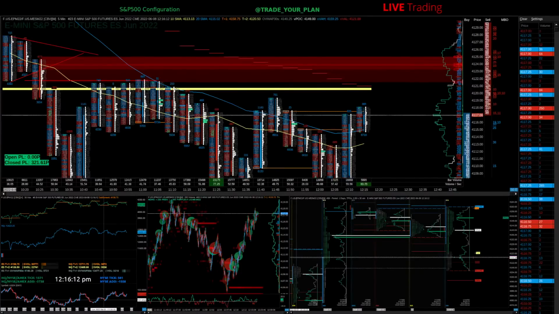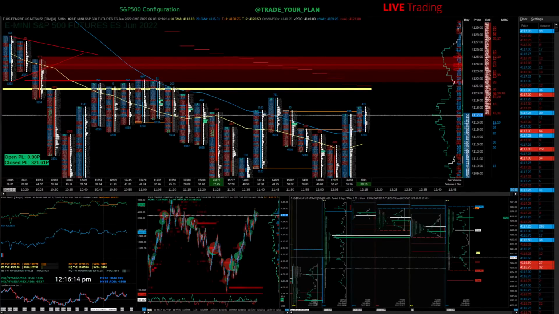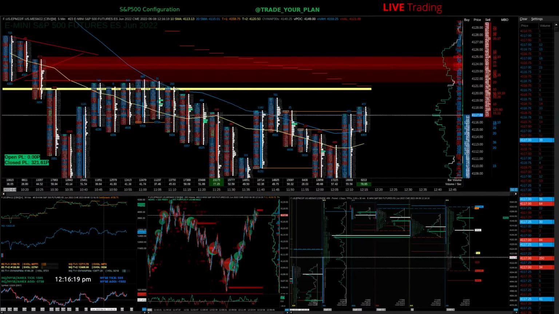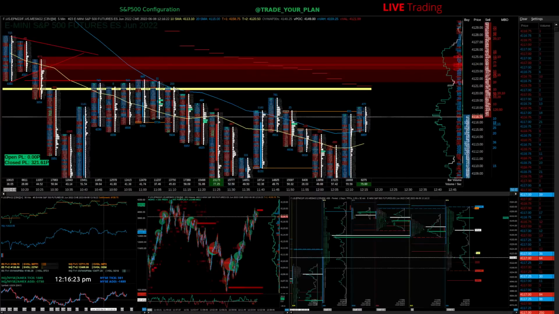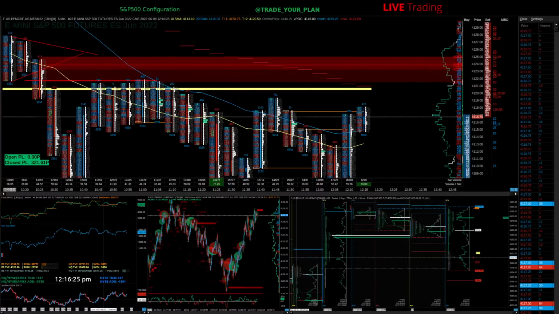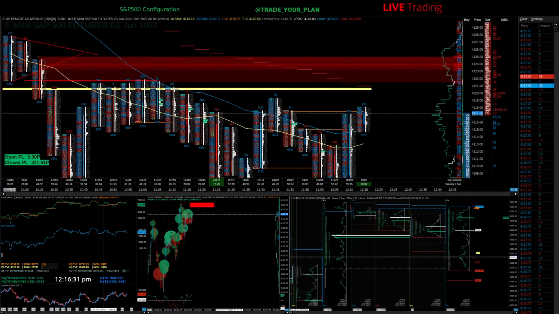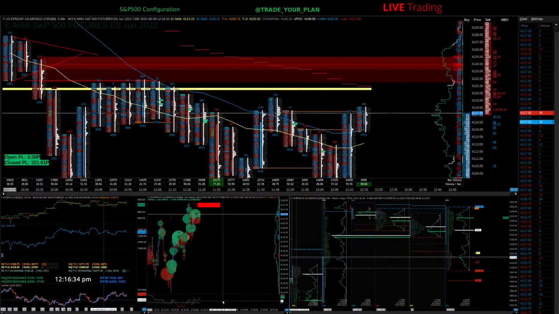I'm watching these bubbles form right now and size come into the market. 120 lots up here at 1775. We can see it on the book map up here as well. Bing. And they're filling everything below, right? These are 200 volume bars.